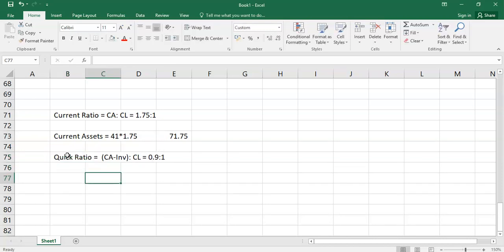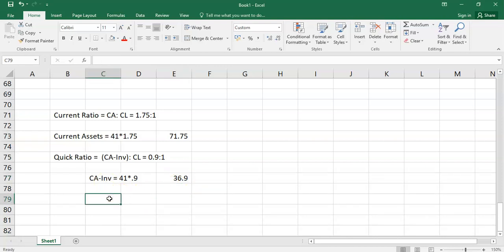That means current assets minus inventory equals 41 times 0.9, because current assets minus inventory is 0.9 of current liabilities, and 41 times 0.9 is 36.9. So you know current assets minus inventory is 36.9.